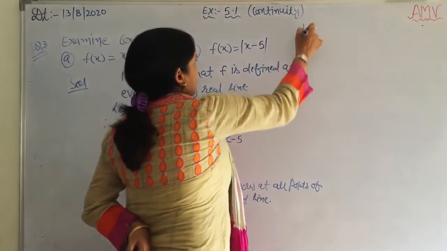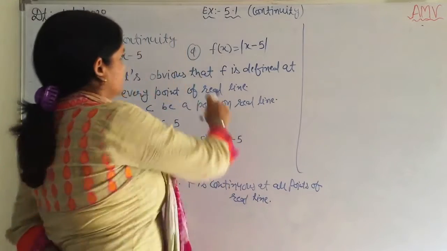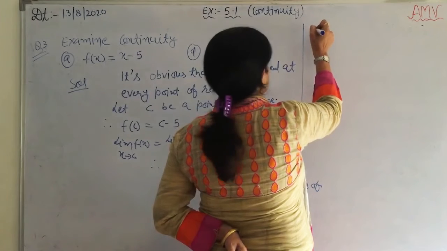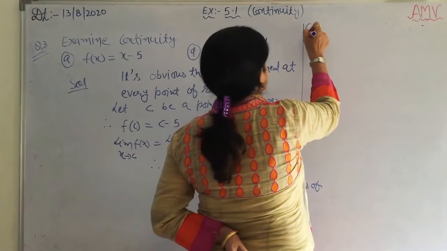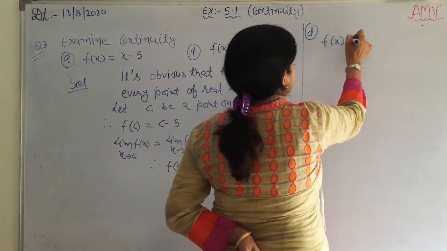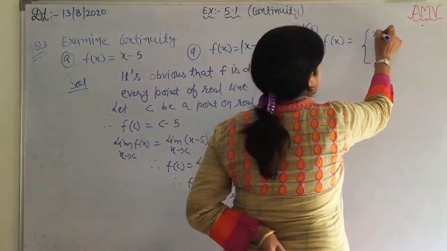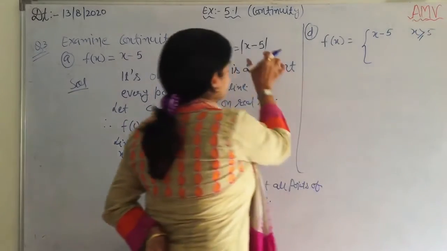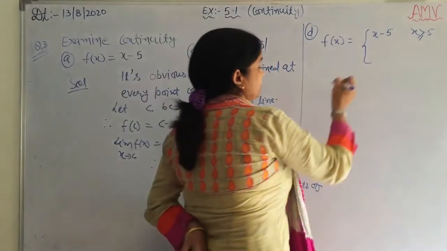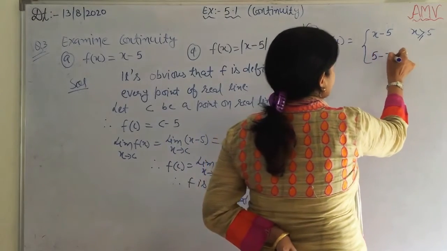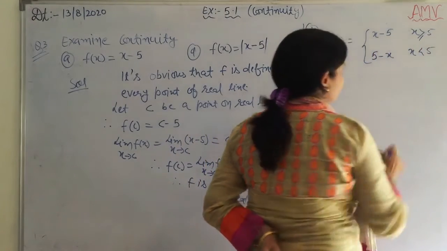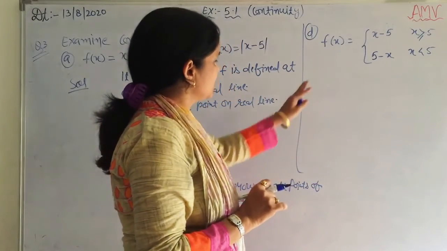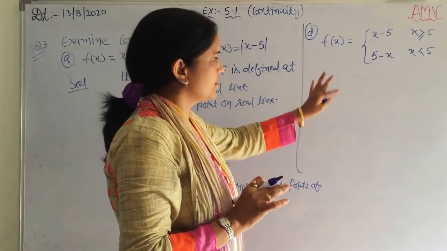Now for the fourth part, first we have to define the function. Here the function is x minus 5 when x is greater than or equal to 5, it's a modulus function, and 5 minus x when x is less than 5. Now we have to prove whether this function is continuous or not.